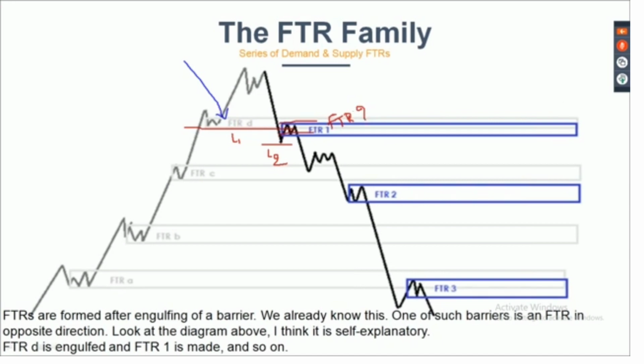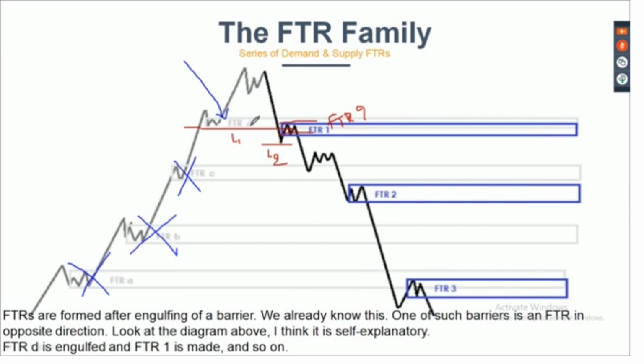Now, the message is, whenever a series of FTRs has been broken by an opposite FTR, all of them get nullified. You are not supposed to trade them. How many of you understood this?